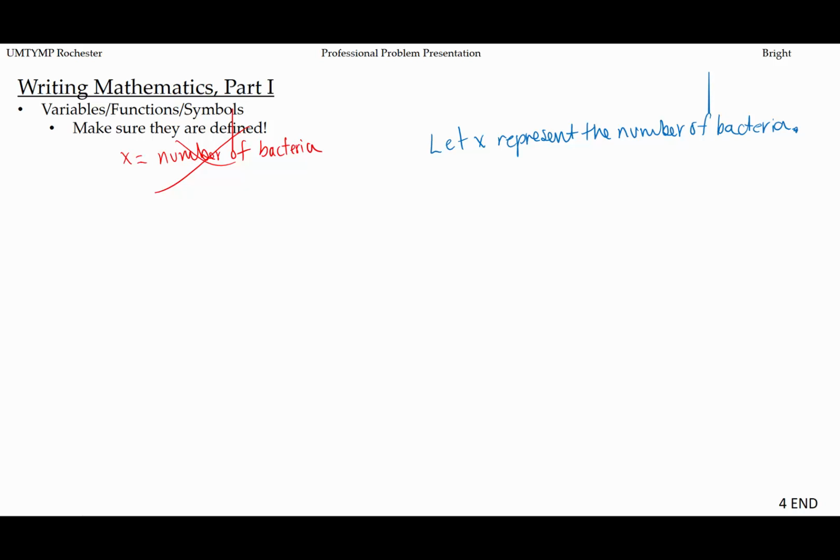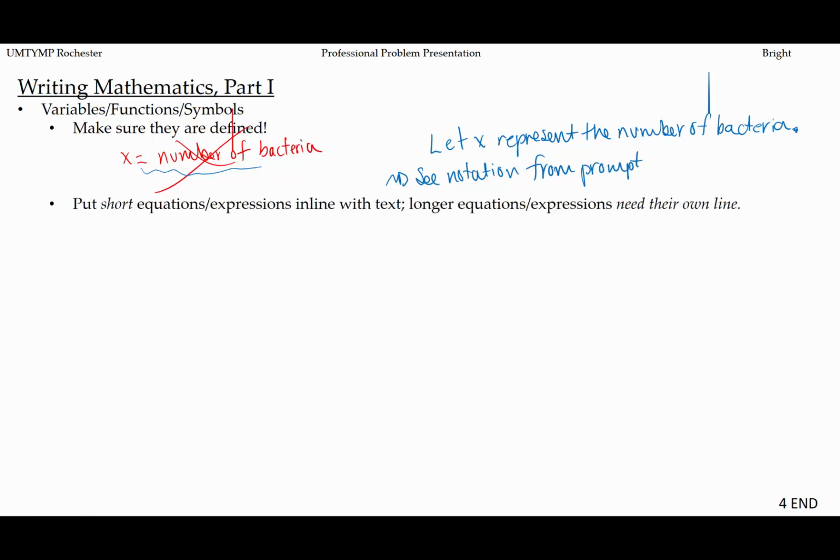Instead of doing something like this where we're writing it in maybe more of a casual format, we need to make it into a sentence. Also just make sure to use notation that the problem already uses, maybe from the prompt or somewhere else that the notation's already being introduced.